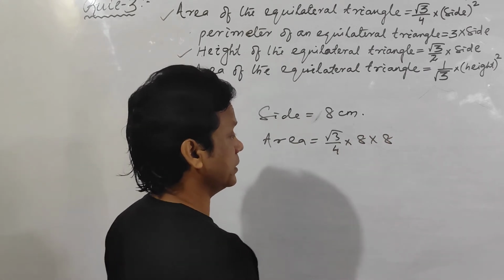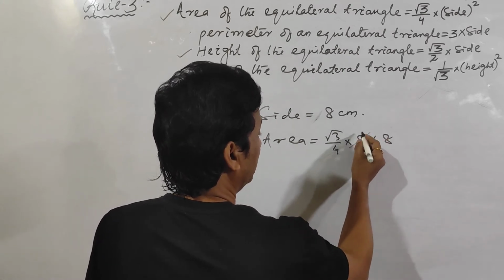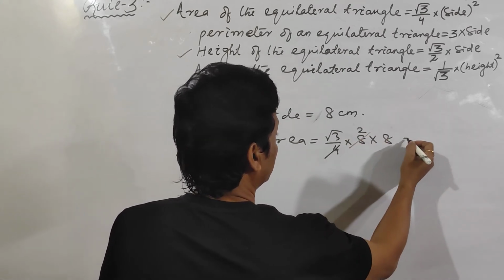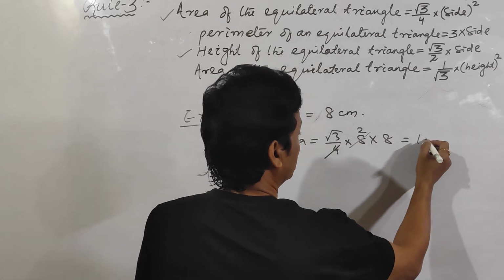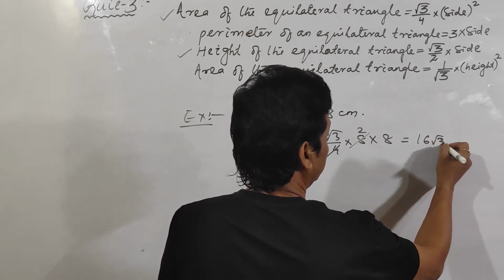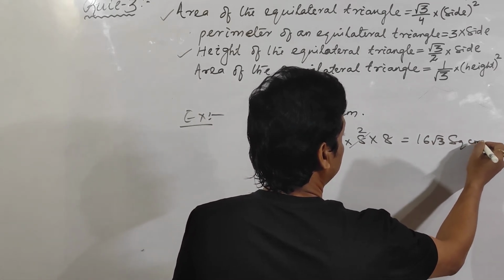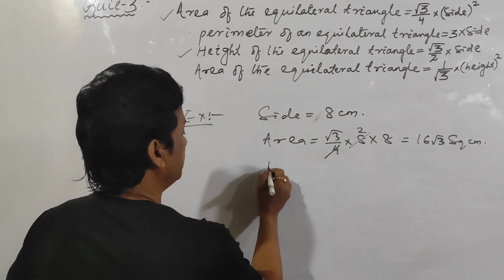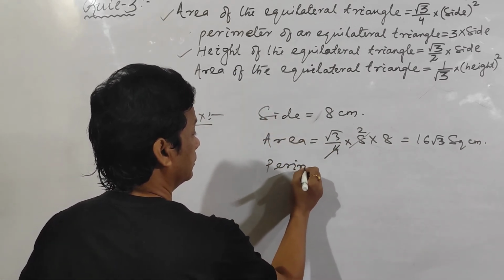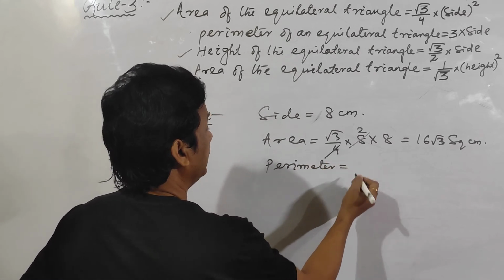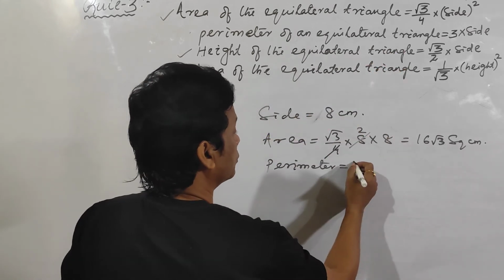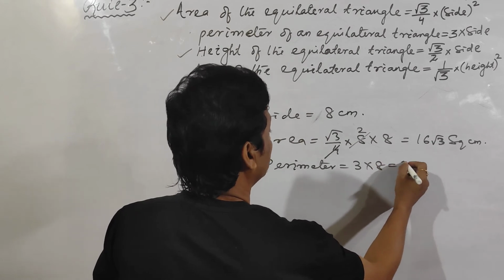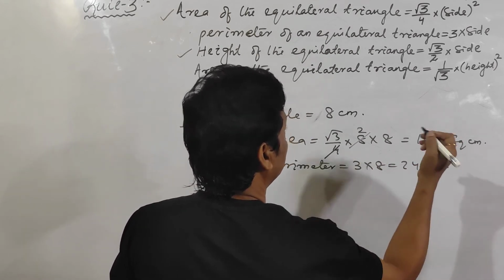So 4, 8 cancel out, the remaining is 2, and 2 eights are 16. So 16 root 3 square centimeters. Your area is over. Then perimeter. Perimeter is equal to 3 into side. So 3 into 8 is equal to 24 centimeters.